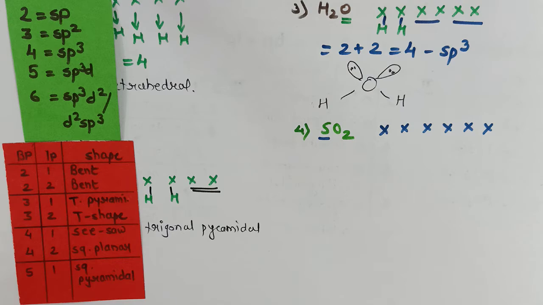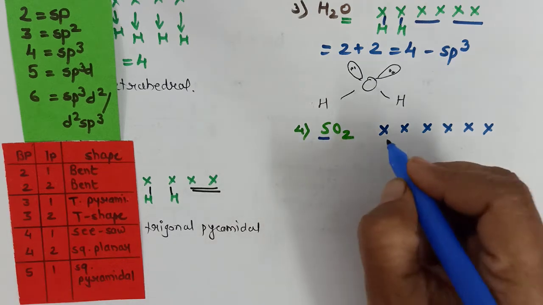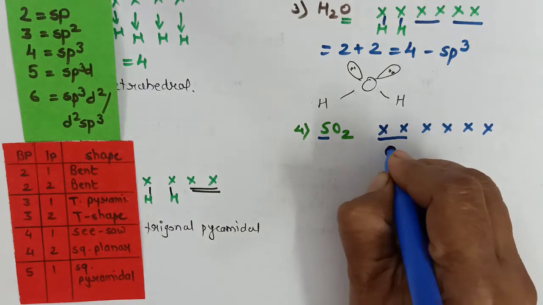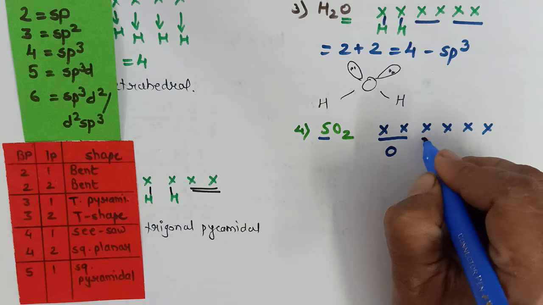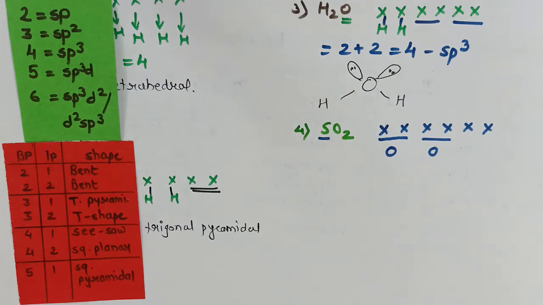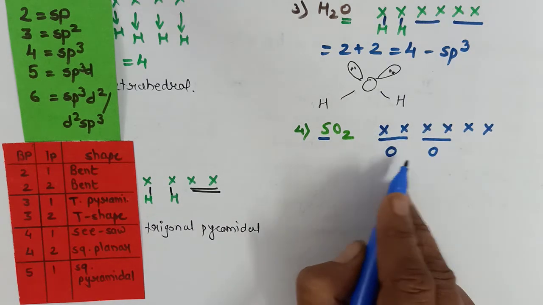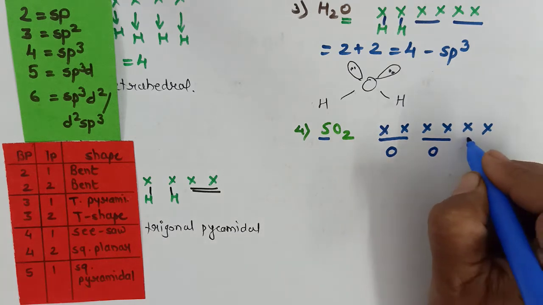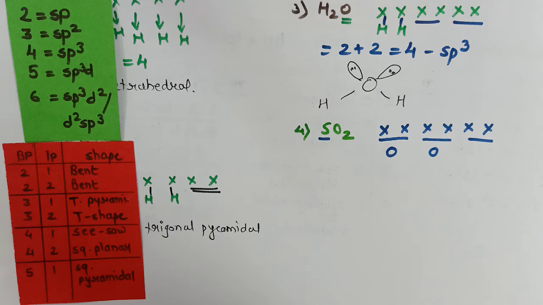Now, we have to remember one thing. Whenever there is oxygen, it uses 2 electrons to make a bond. Actually, oxygen forms a double bond. So, out of 6 electrons present in sulfur, 4 will be utilized by 2 oxygen atoms to make bonds. We can say 1 lone pair will be left out.